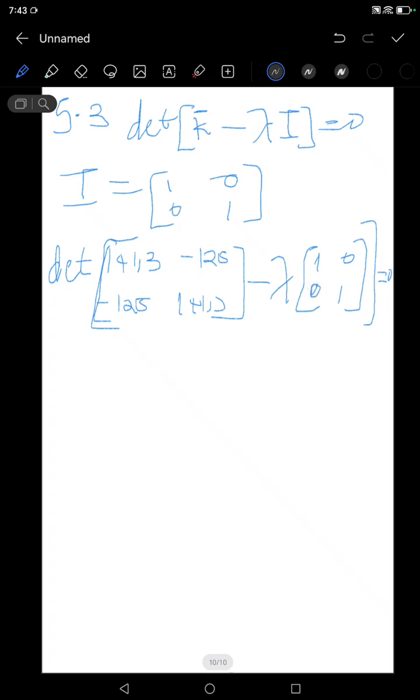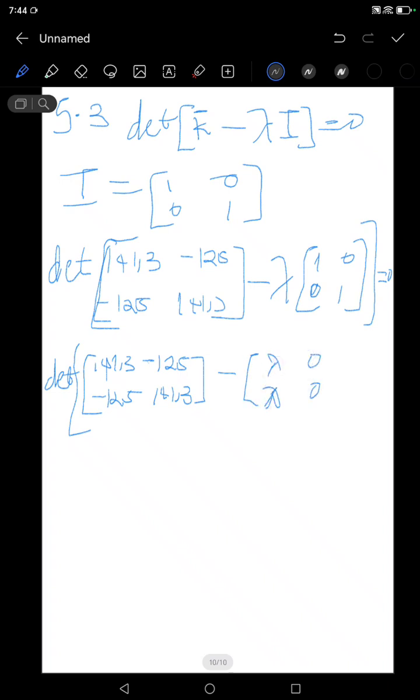And then from here we're gonna multiply this lambda with [1 0; 0 1]. So we're going to have the determinant of 141.3, negative 125, negative 125, 141.3, minus, we're gonna have a lambda here, 0, 0, lambda.